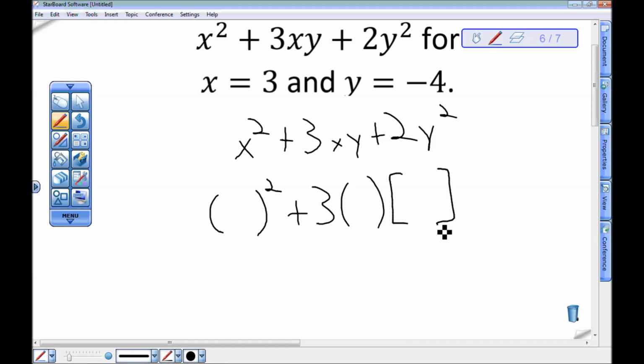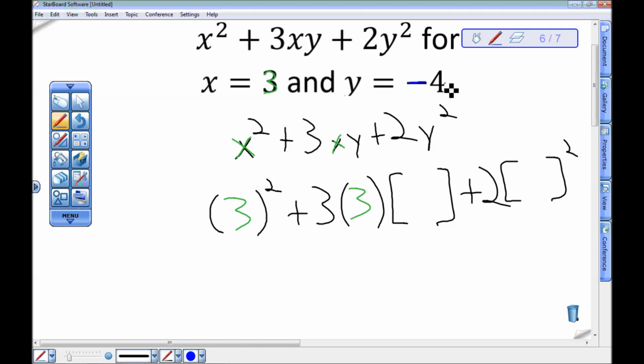Sometimes I'll do that by using different grouping symbols for the places I'm going to put in. Sometimes I won't. Sometimes I'll just go for it. This goes here, this goes here, so this goes here, this goes here. Okay, 3's in where x's used to be. Great.